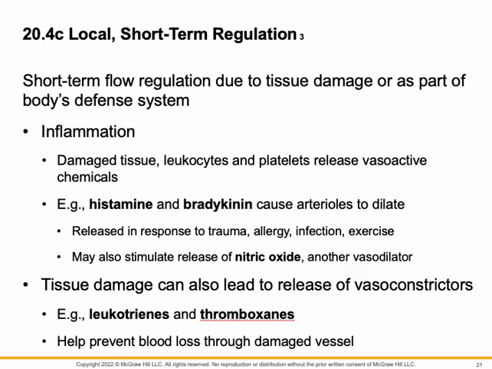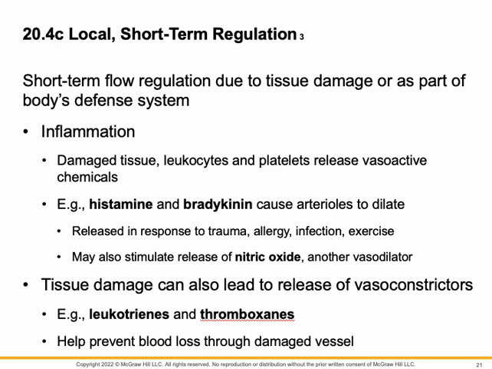You've also got other factors that can influence the flow to a given tissue. So things like inflammation, right? So we mentioned histamine previously. Histamine is a very potent vasodilator, something called bradykinin, which acts through the kind of nitric oxide mechanism, but it helps to increase blood flow in response to, again, things like trauma, allergy, infection, exercise, more blood moving to the tissue.